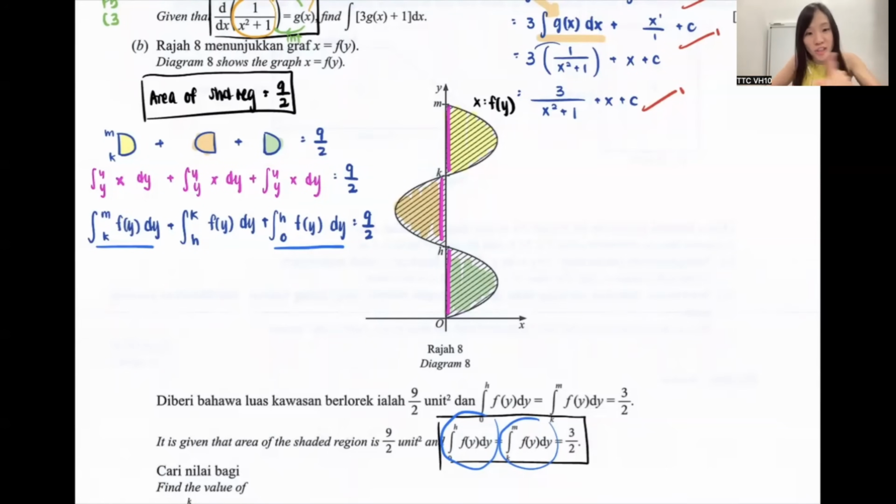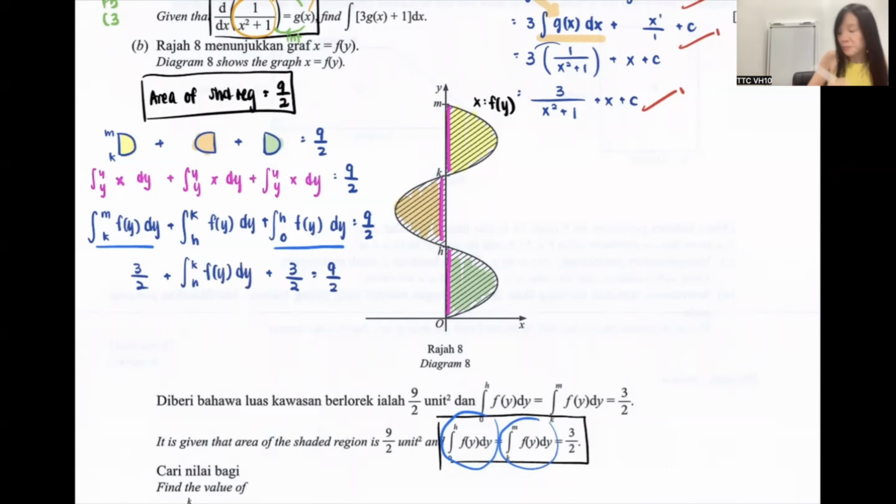Oh, these two are actually 3/2. So that means this is actually 3/2, and it is equivalent to 9/2. So this one is the integral from k to h of f(y) dy. Understand? So now I can find back my integral from k to h of f(y) dy.